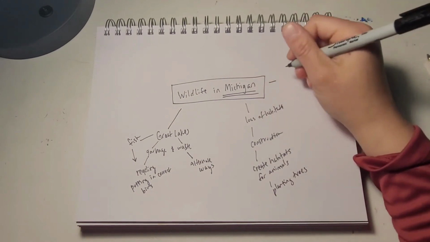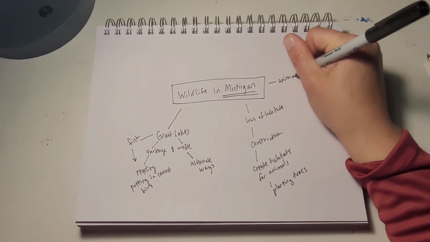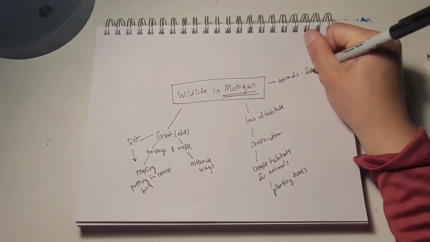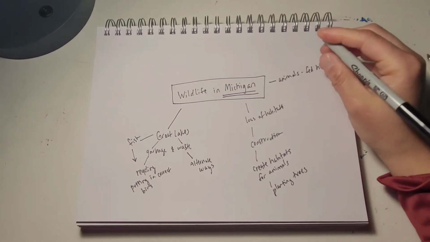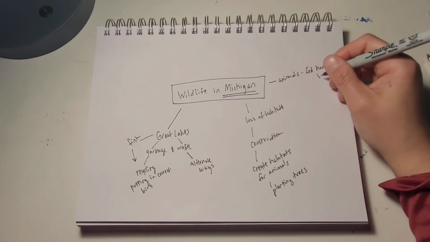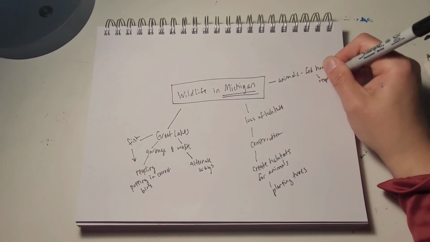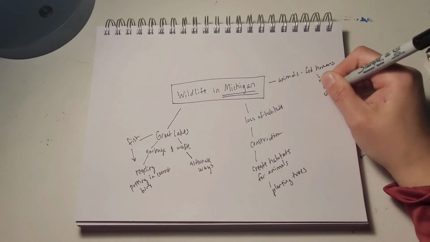Another thing is some animals are getting fed by humans. And what happens with that is animals become more dependent on humans. So instead of feeding the animals, we need to respect nature and respect the animals and not do this.